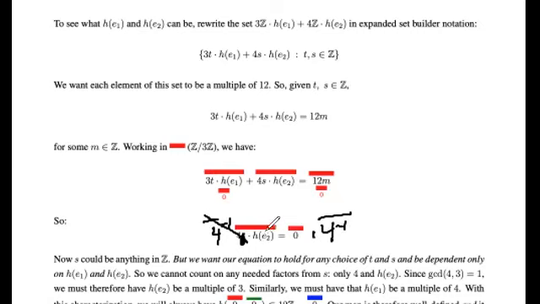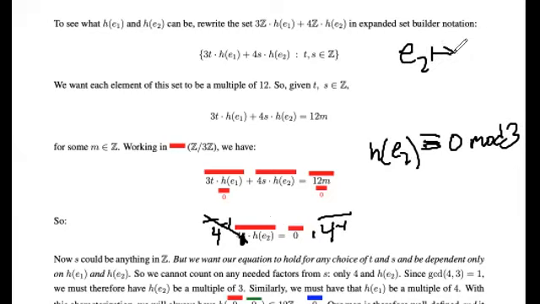So h of E2 is congruent to 0 mod 3. So E2 is sent to something 0 mod 3. Okay, that's what we have.